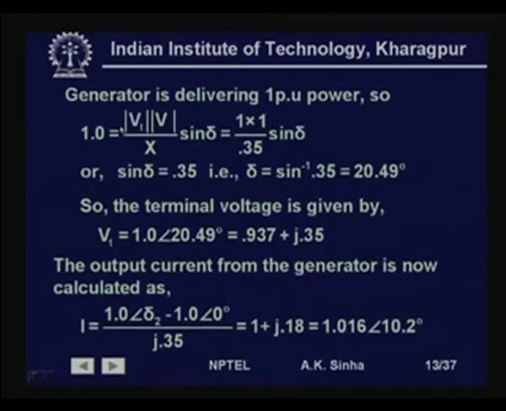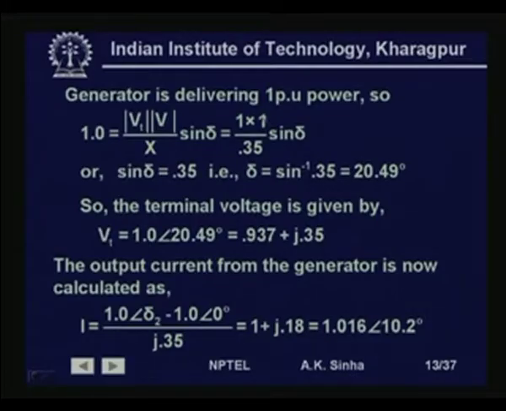We have been given that this generator is delivering 1 per unit power. So, Pe is 1 per unit, equal to Vt into V by x into sine delta. Vt, the terminal voltage of the generator, is given as 1 per unit.